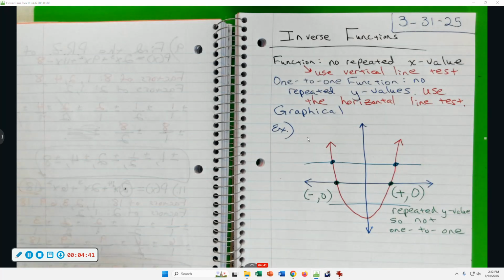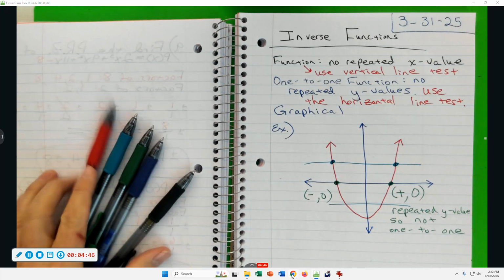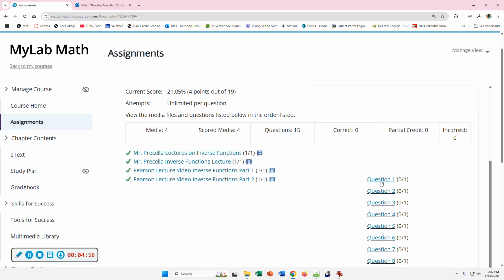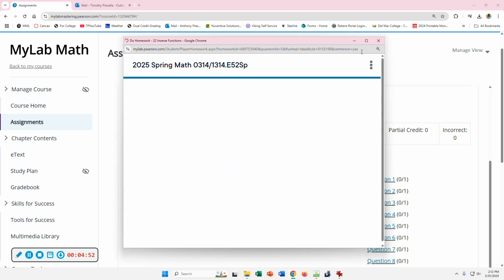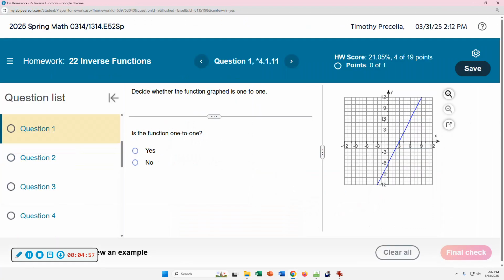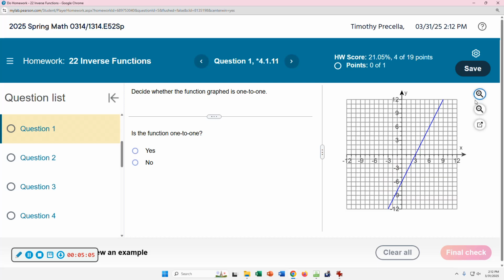So, let's look at problem number 1. Okay, this is number 1, and I'm going to draw a picture. It's a slanted line.